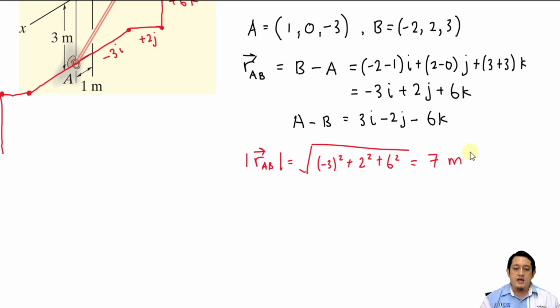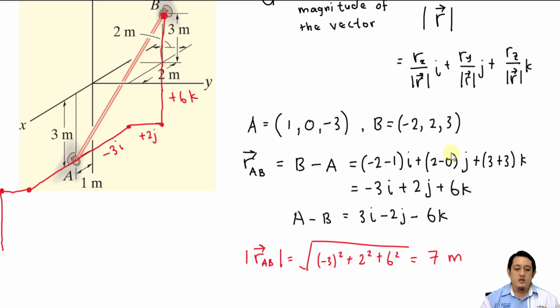Now, we know that Rx is negative 3, Ry is positive 2, and Rz is positive 6. We also know the magnitude of this vector.